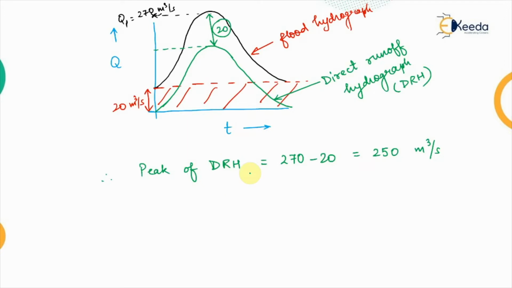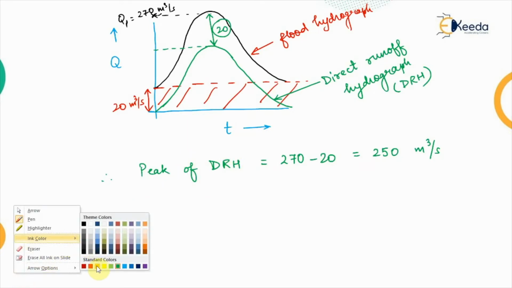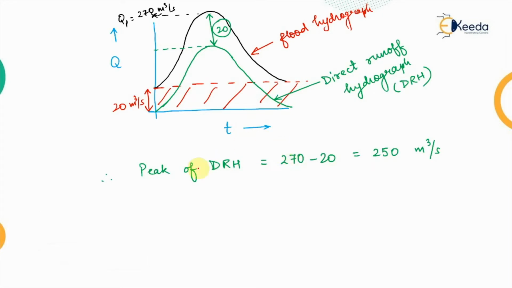This direct runoff hydrograph has been obtained for a surface runoff depth equal to 5 centimeter, since the effective rainfall depth, that is ERD, that we calculated in the previous slide, is equal to 5 centimeter.